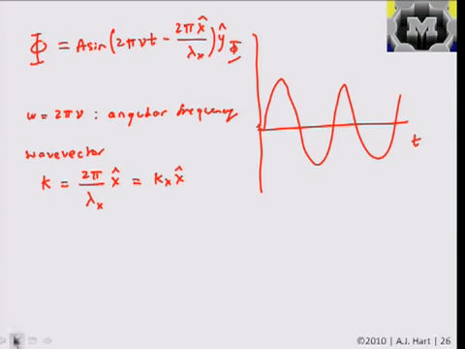The reason I'm showing you this is because we can consider our standing wave, our standing jump rope wave, as the superposition of two traveling waves, one moving from one side and one moving from the other side.